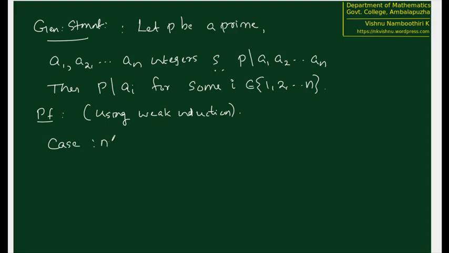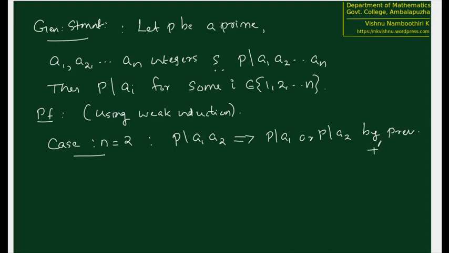Case n equal to 2, that is the first case. P divides A1, A2. But this case we have already seen, because P divides AB implies P divides A or P divides B. So P divides A1 or P divides A2 by the previous theorem.